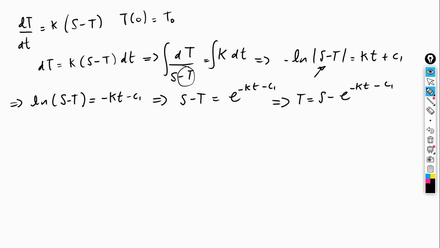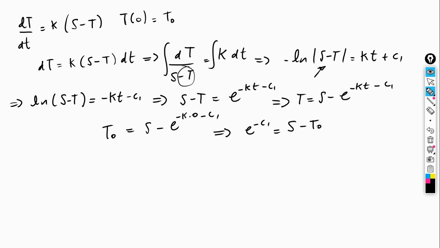So we need to solve for the initial value problem. We know that the initial temperature is taken into consideration when time is 0. So the initial temperature is going to equal S minus e to the power of minus k times 0 minus C1. Therefore, e to the power of minus C1 is equal to S minus the initial temperature.